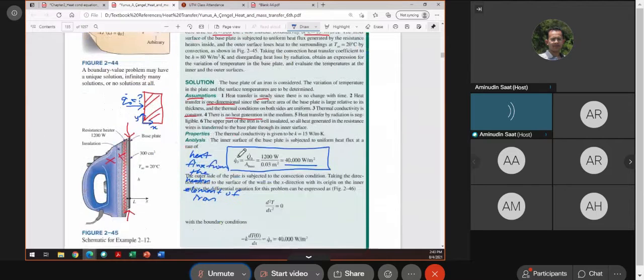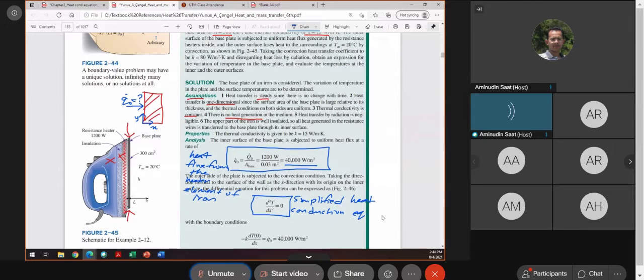So if you look back at the heat conduction equations, with the assumption here, it will fall back to the same heat conduction equation. This is your simplified general heat conduction equation. No y, z, k is constant, no heat generation for the base plate.